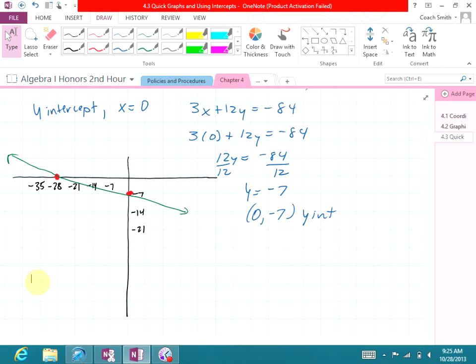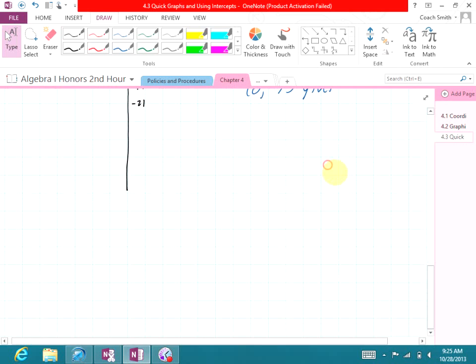Everybody look at number 36 on page 221. Number 36 says the x-intercept equals 4, the y-intercept equals 6.